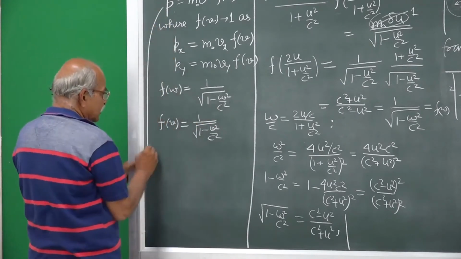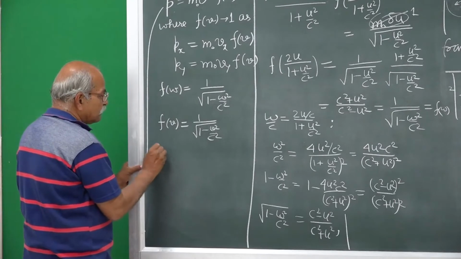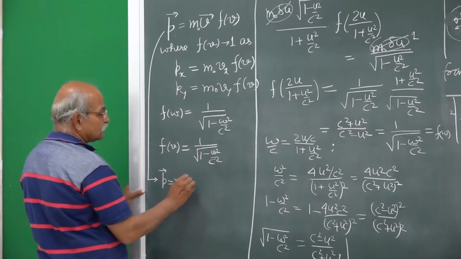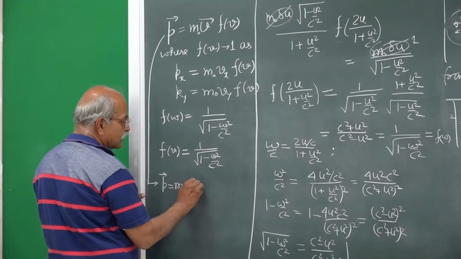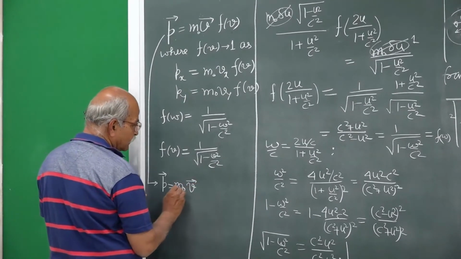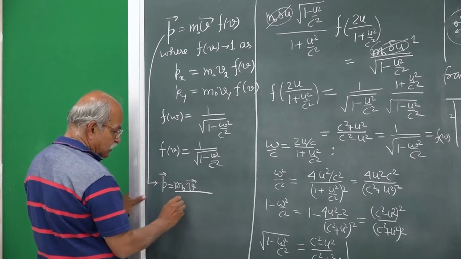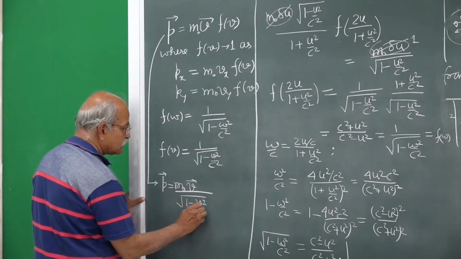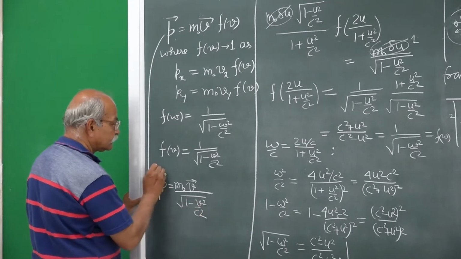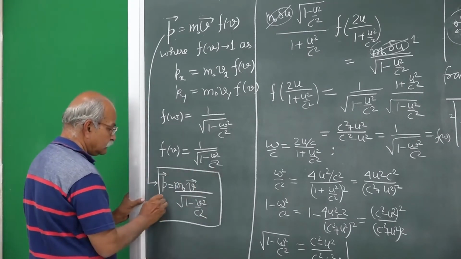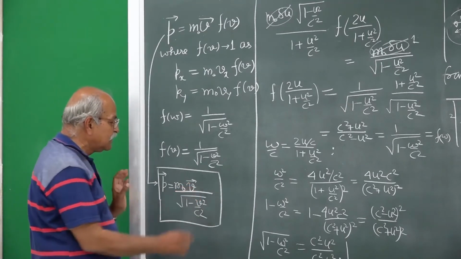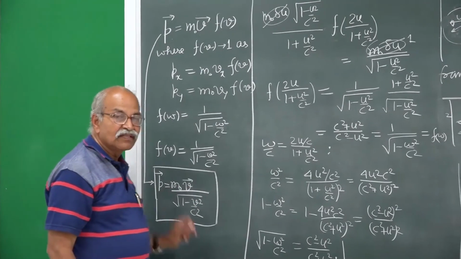So, our definition of linear momentum becomes P is equal to mass of the particle, then velocity, and then multiplied by this quantity, with 1 minus v square by c square in the denominator. So, that is our modified definition of linear momentum.